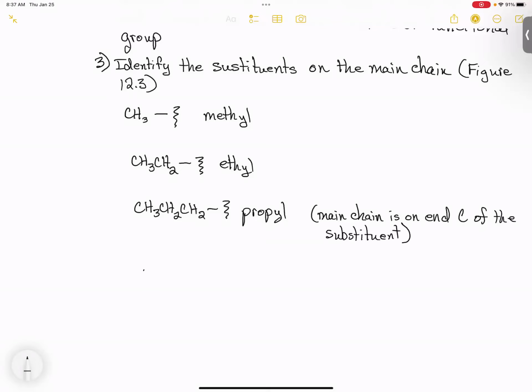However, instead of it coming off the end carbon, you could have it coming off the second carbon. And this one is called the isopropyl group.